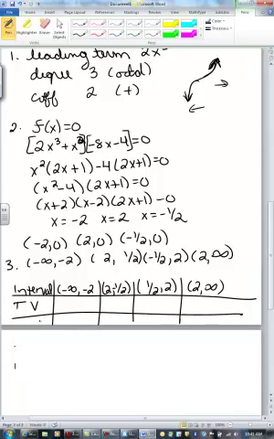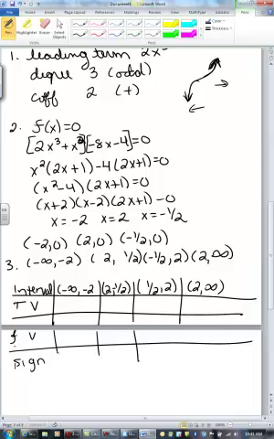We have our function value, so when you plug it in, what you get. And then the sign and location of the graph.